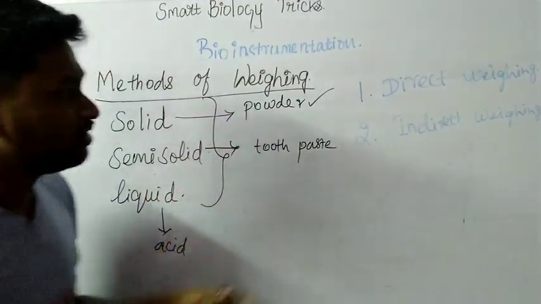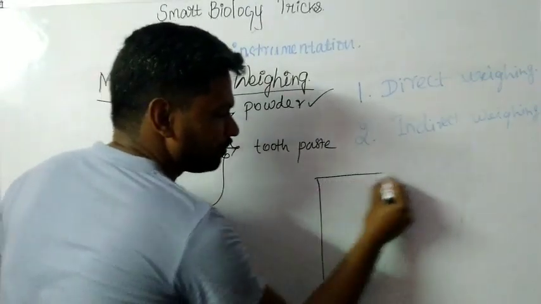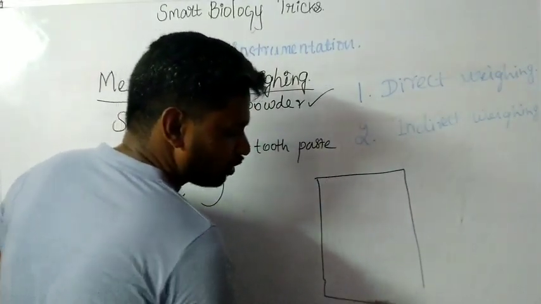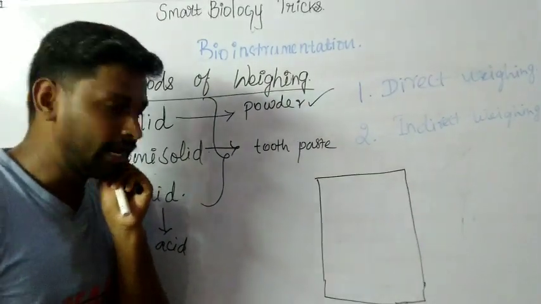Direct weighing is like this. Imagine this box as an analytical balance, especially our digital analytical balance.